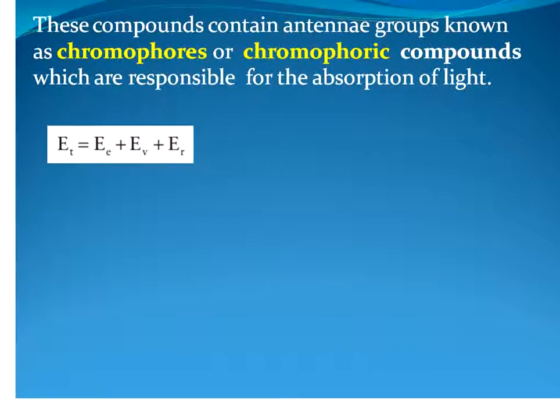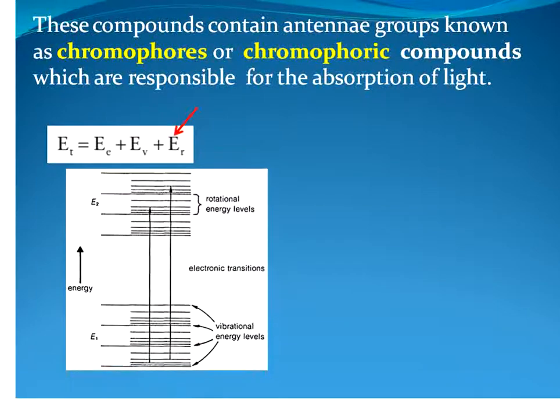So the total energy of a molecule is composed of the electronic energy, the vibrational energy plus the rotational energy. So this is the total energy here. From here up to there, that's the total energy.